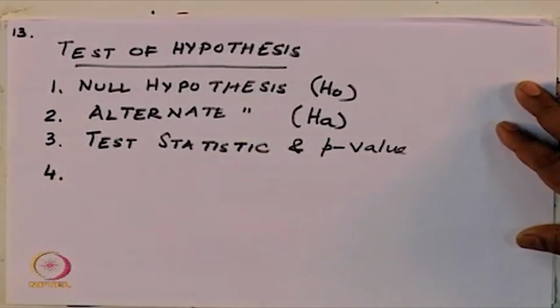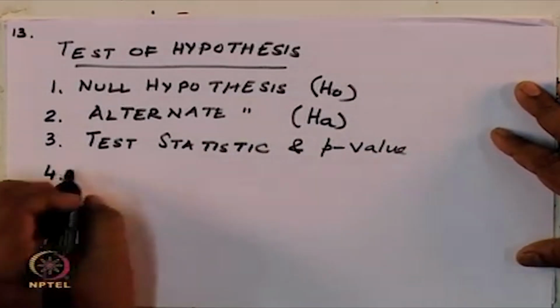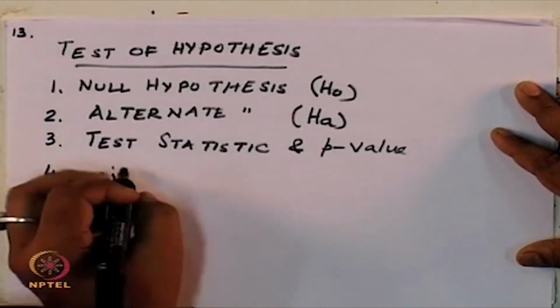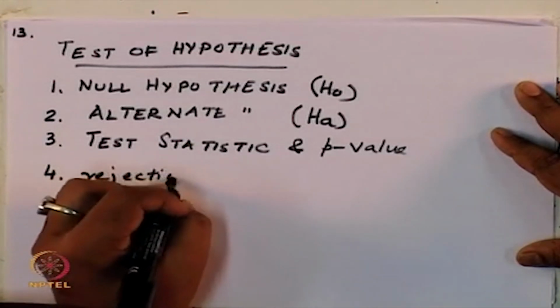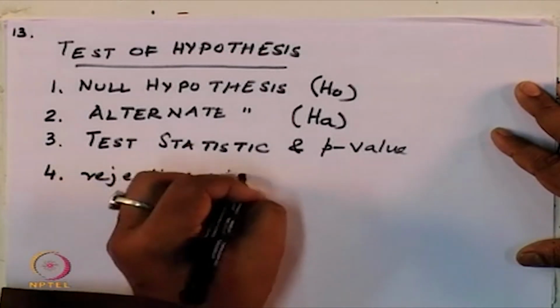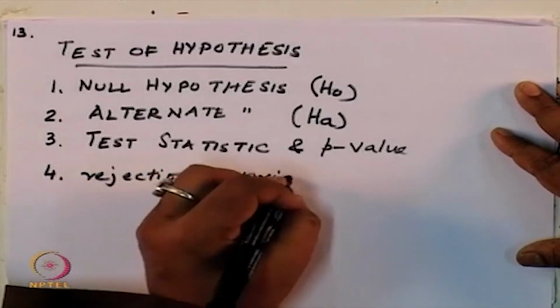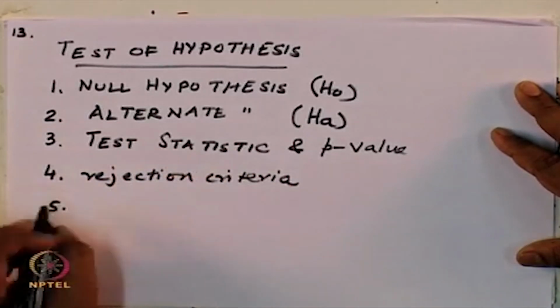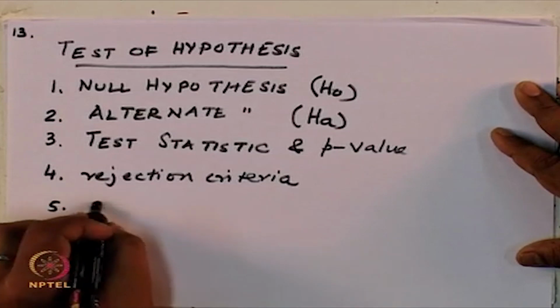You decide on some rejection or acceptance criteria, and 5, you draw your conclusion.